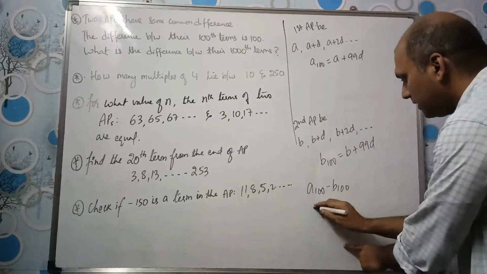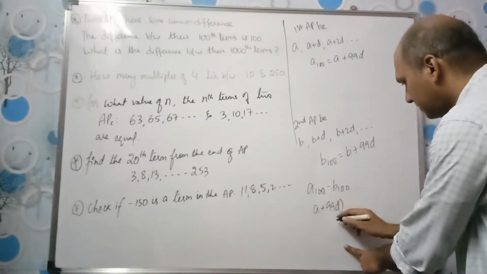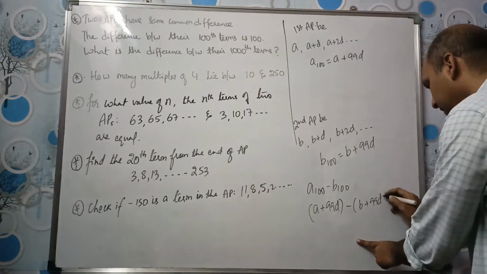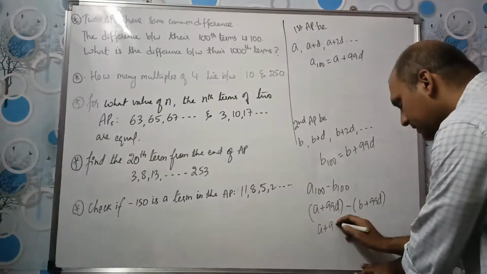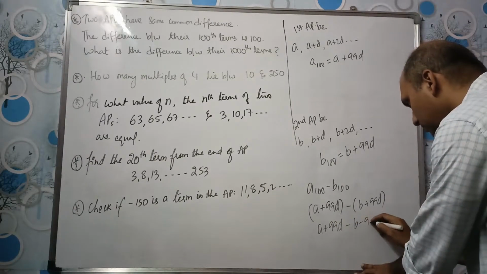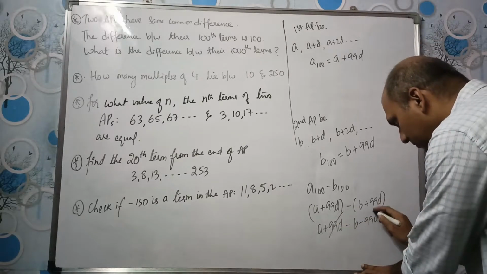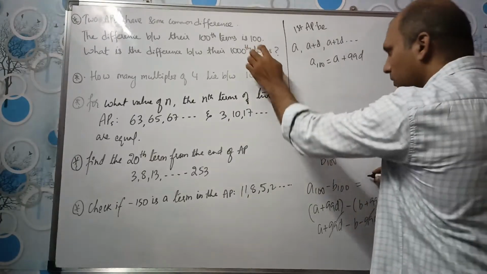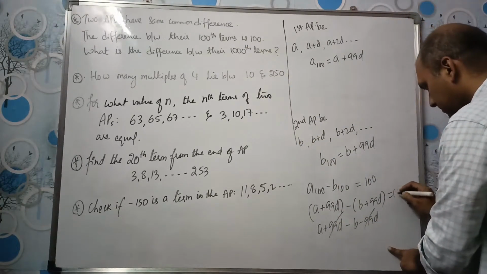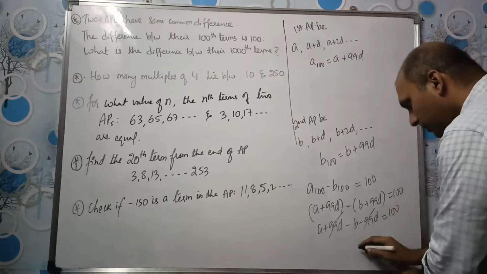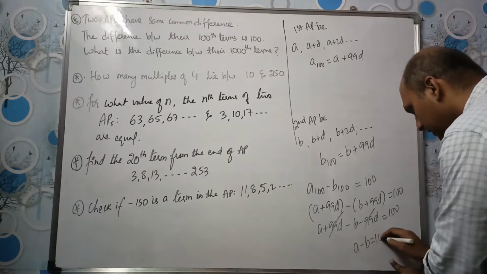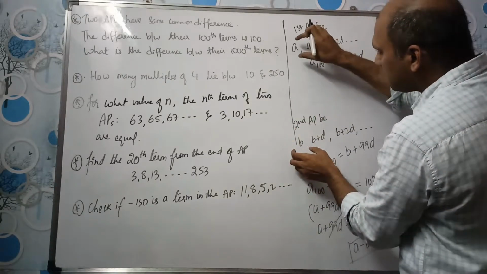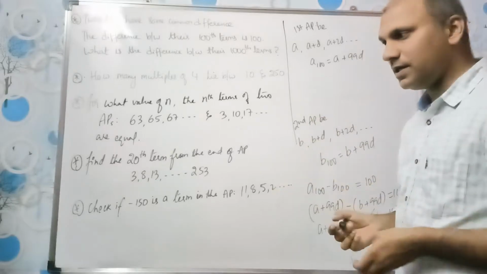A plus 99D minus B plus 99D. If you remove the brackets, it is A plus 99D minus B minus 99D. So 99D minus 99D will get cancelled, right? This is given as 100. So we have A minus B is equal to 100. So the difference between the first terms, A minus B, is also 100.